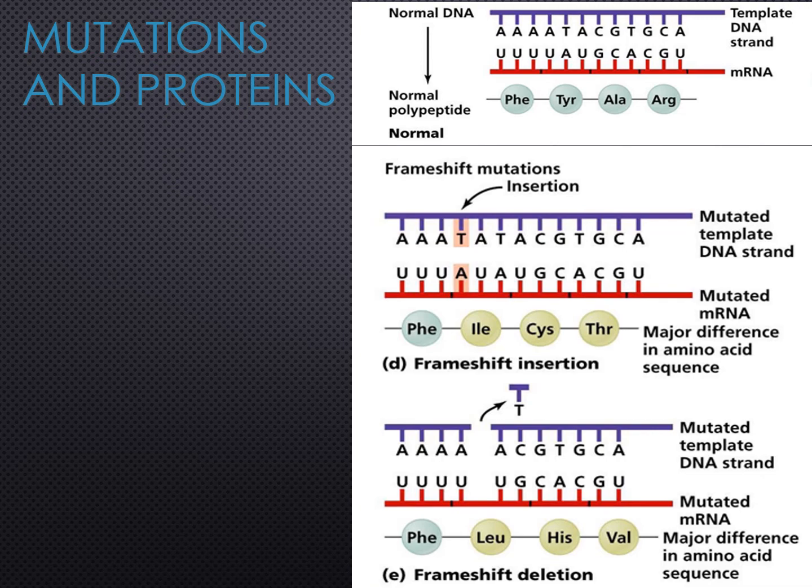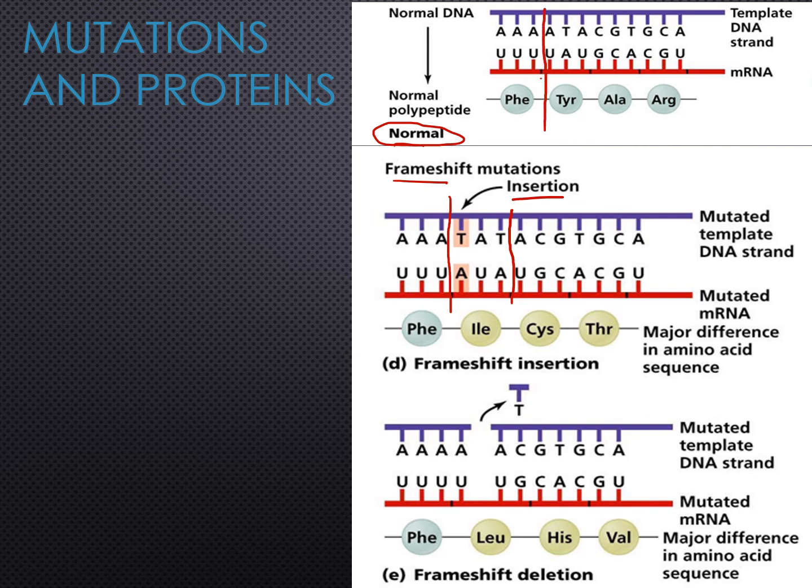Mutations in proteins. So again, at the top we have the normal strand of DNA. It's normal. That's the most common one. And we get a frameshift mutation. So in this case, we're going to have an insertion. So the first codon, or DNA triplet, is still the same, AAA, but then after that, a T was added. So the second codon, let's see, what was it above here?